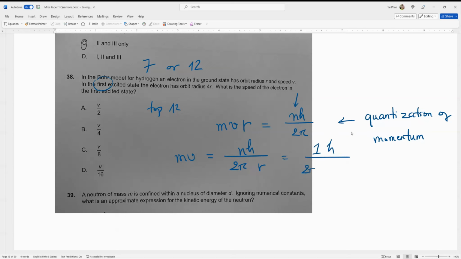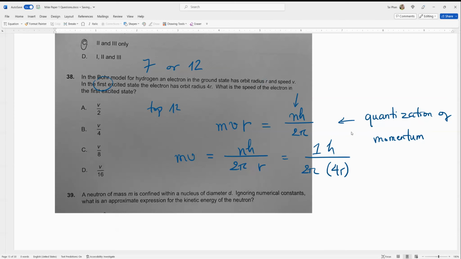And then the radius is increased: the radius is 4 times the ground state radius r. Replacing r by 4r, we have the new velocity.